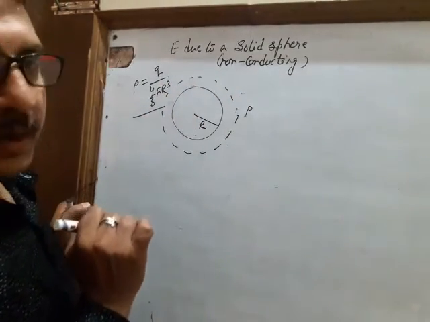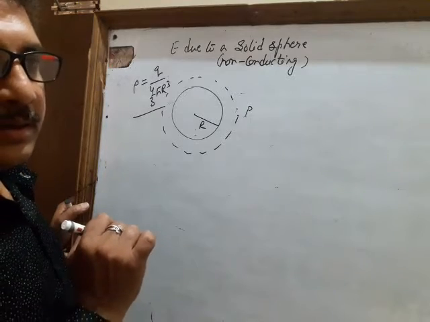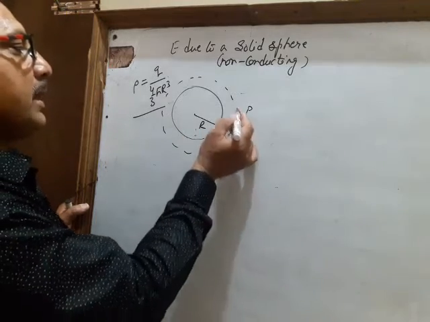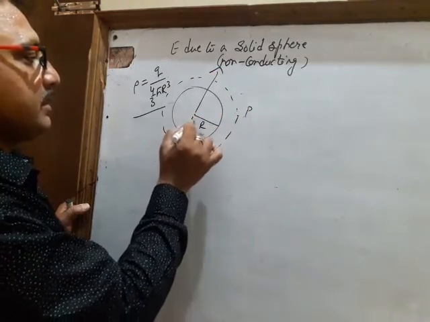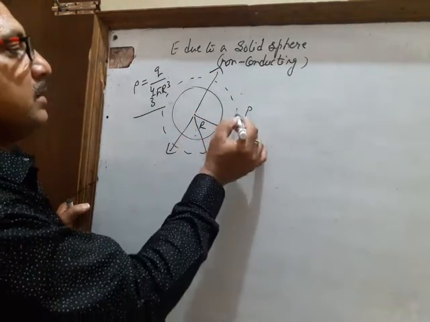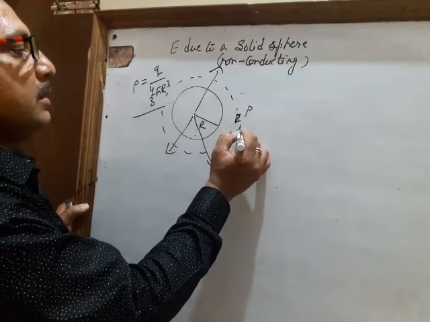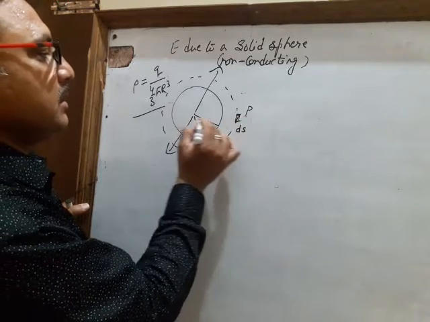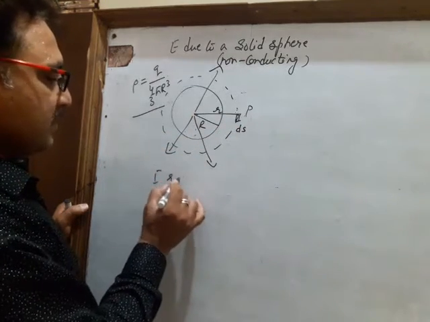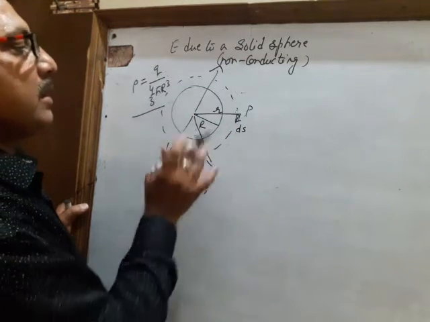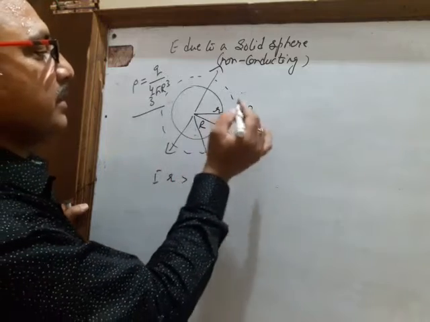draw one concentric imaginary Gaussian sphere through which the flux passes like this, no? And you take one elementary area ds. This is small r. First case, small r is greater than capital R, at a point outside the sphere.